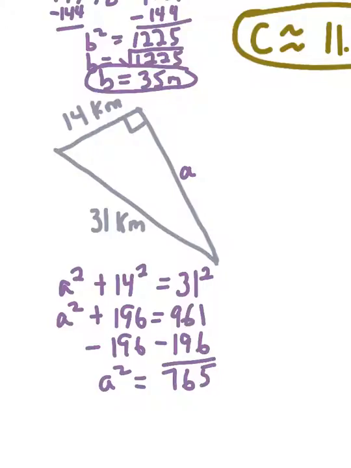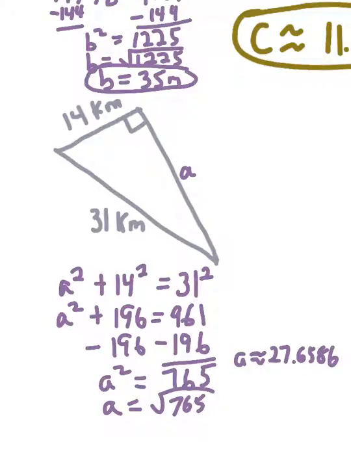Again, on this one, I know it's between 25 squared, which is 625, and 30 squared, which is 900, so it's a little bit closer to 25. So I have A equals the square root of 765, which is approximately 27.6586.